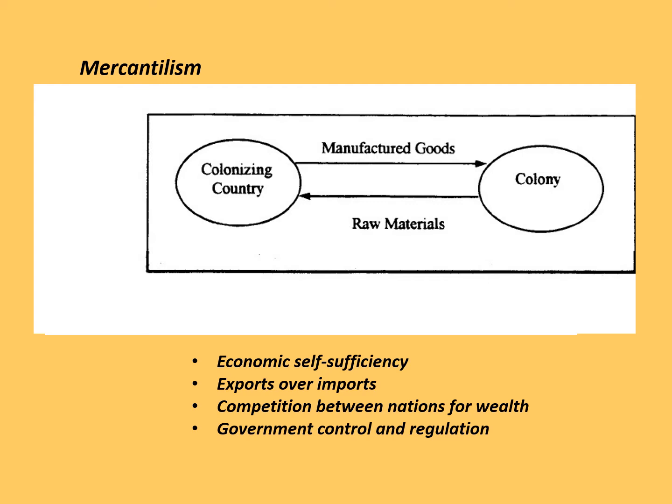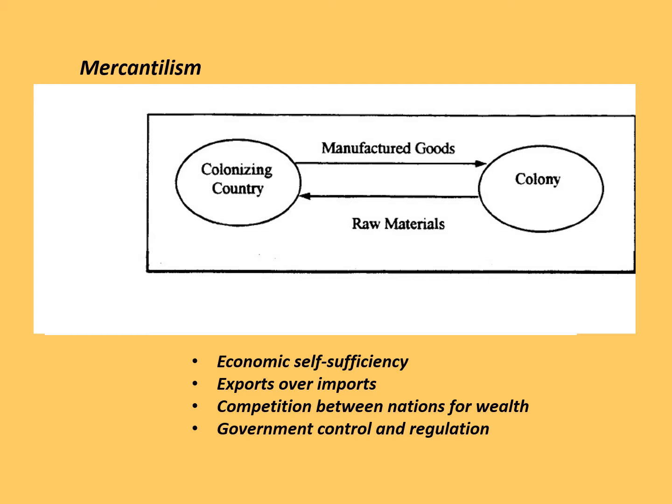So number one, according to mercantilist theory, the economic goal of a nation is to become as economically self-sufficient as possible. Mercantilist nations want to avoid having to buy very much from other nations. They don't want to have to depend on goods from other nations that are vital to their economy.